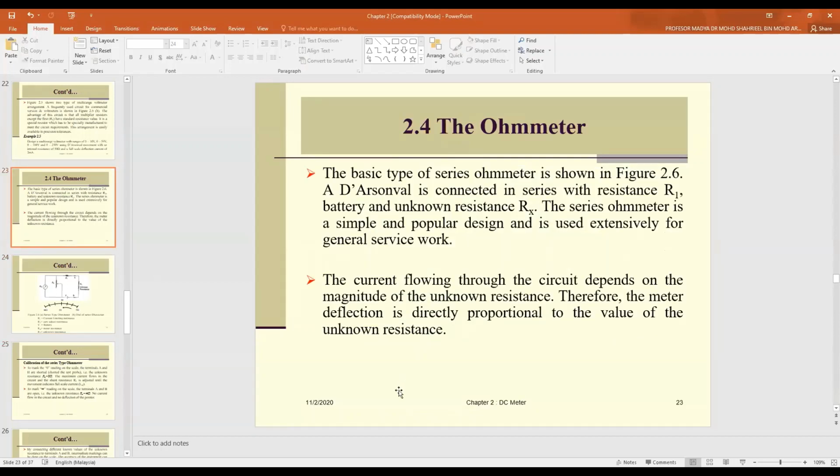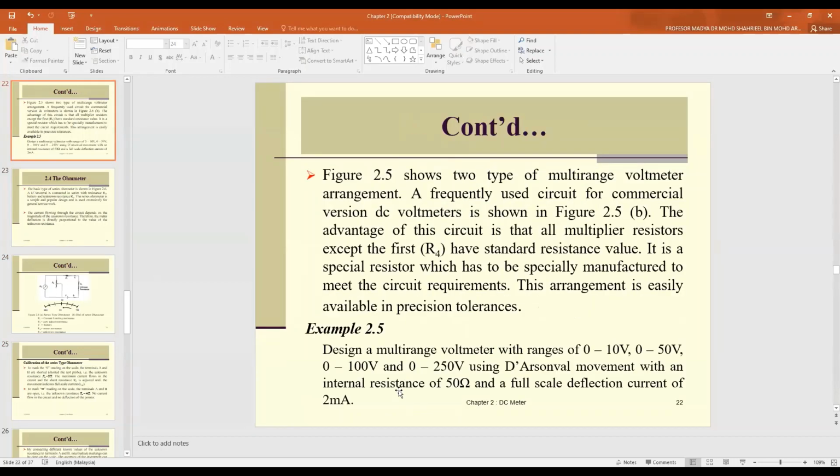Maybe you can try this example first. First, calculate the sensitivity, and then calculate the multiplier resistor. First try the range 0 to 10, then 0 to 50, then 100 and 250.